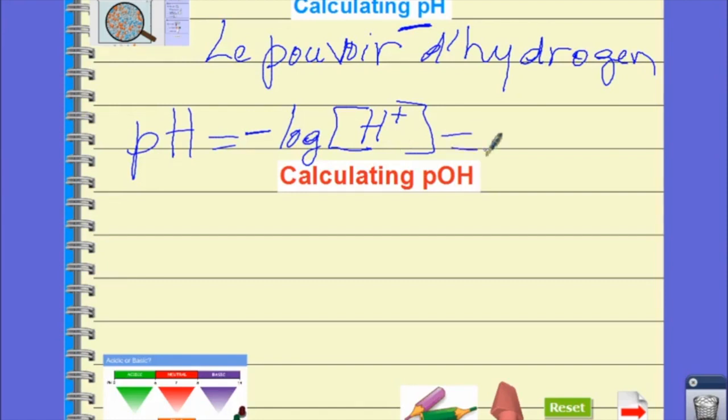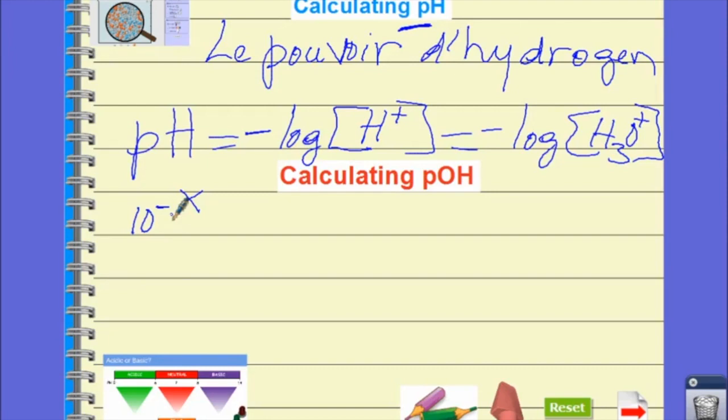Okay, remember we said whenever you have hydrogen, you can put hydronium also, which is the same thing as negative log of the concentration of hydronium ion. In other words, if you have a number, let's say 10 to the negative something, that something is the pH.